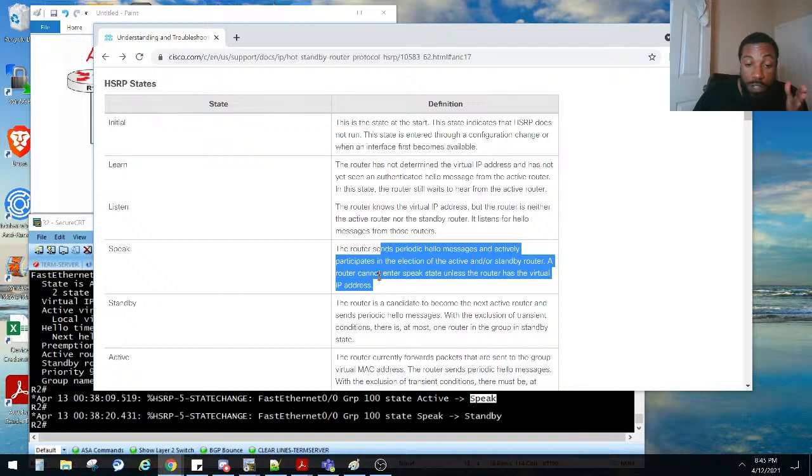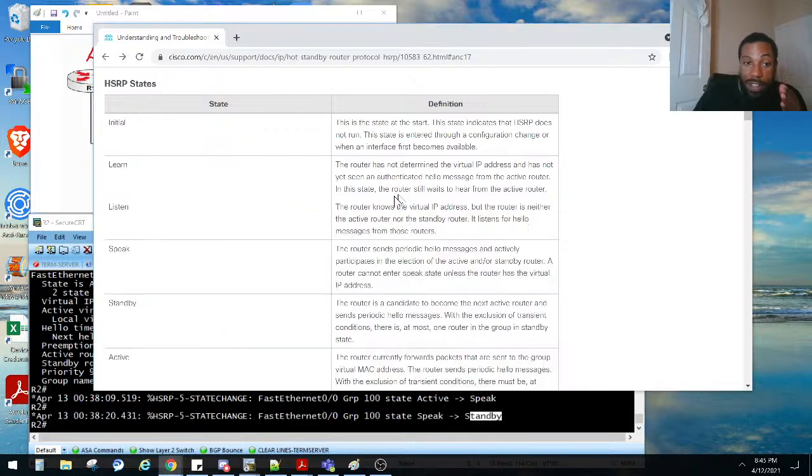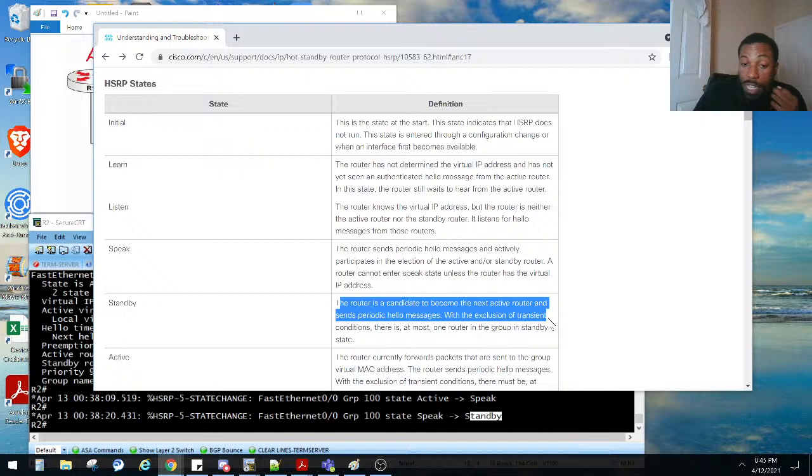Well, he has the virtual IP address, so he went from active to speak. Then he went from speak to standby. So now standby is: the router is a candidate to become the next active router and sends periodic hello messages. With the exclusion of transient conditions, there is at most one router in the group in standby state.